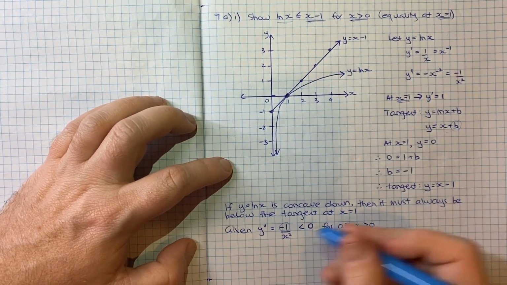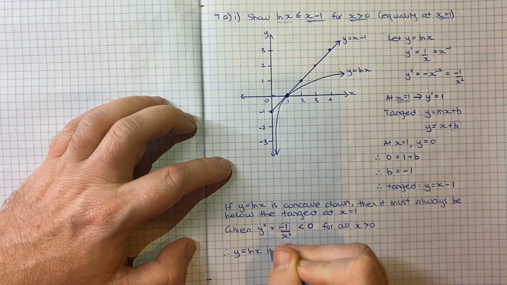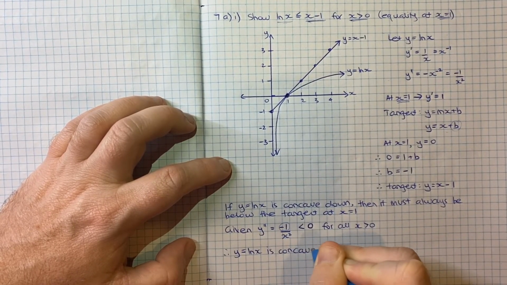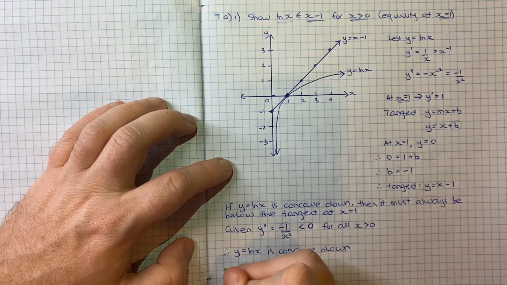So therefore you can say y equals log x is concave down, and therefore we can do our final conclusion.